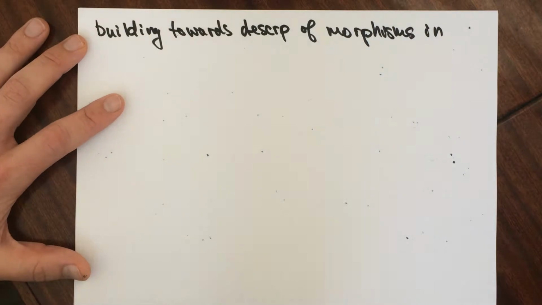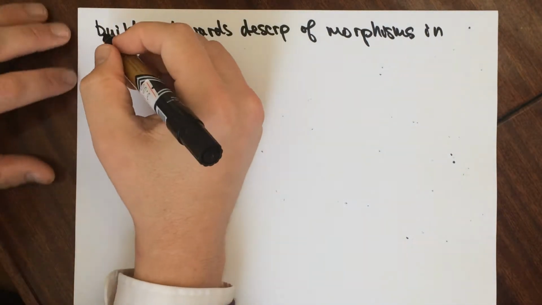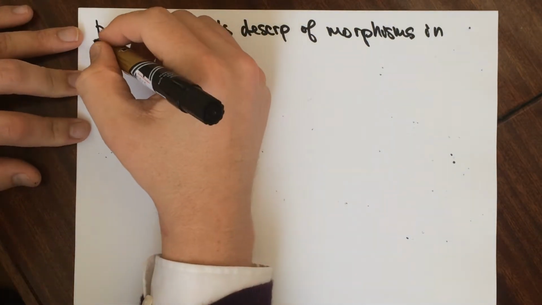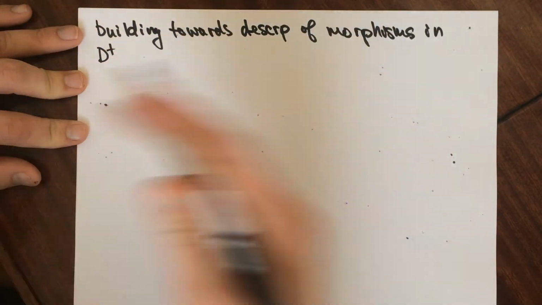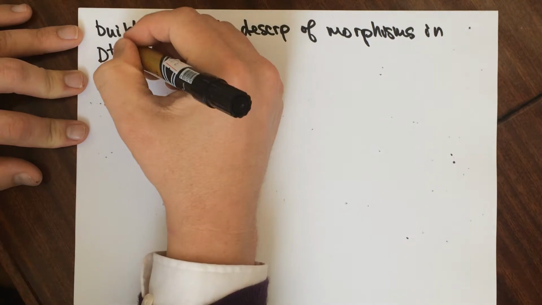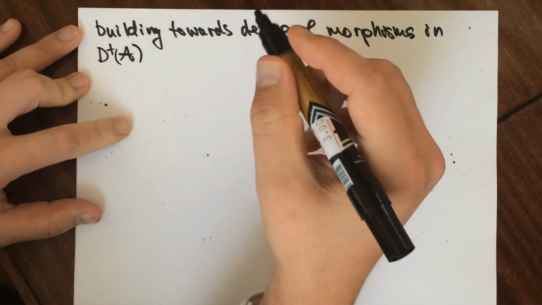And now again I'm going to have to do the bounded derived category, or sorry, the not bounded but the positive. So we just have positive pieces.